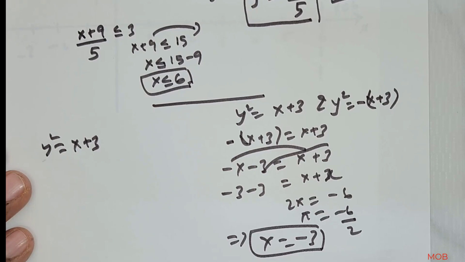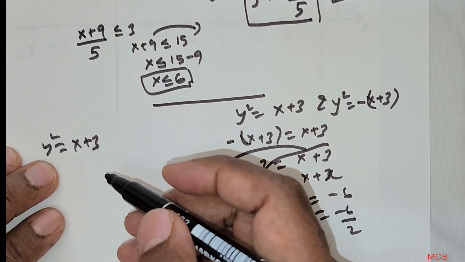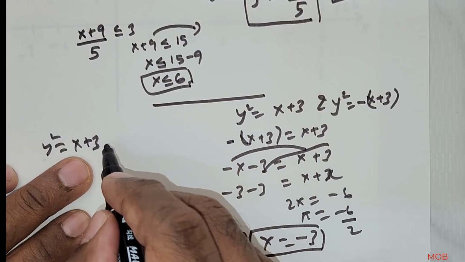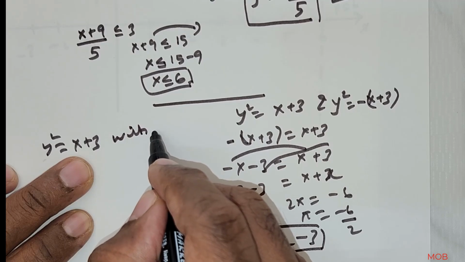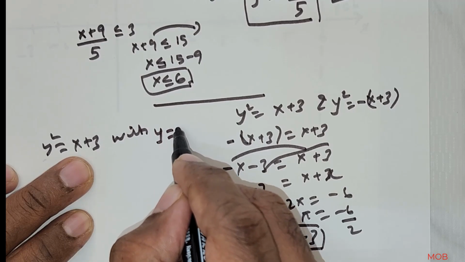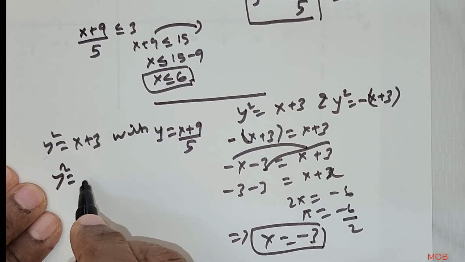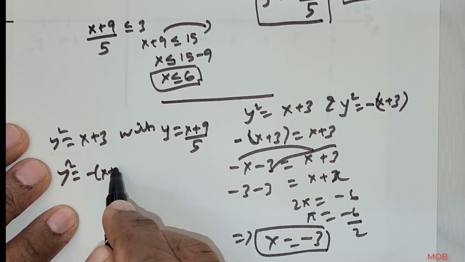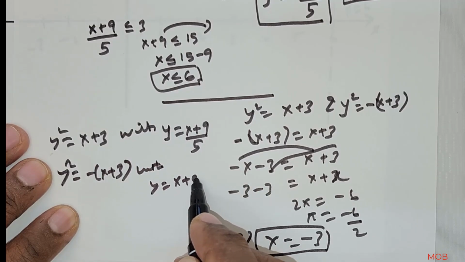So I need to find the intersection of y squared is equal to x + 3 with the line y = (x + 9)/5, and y squared is equal to negative of (x + 3) with y = (x + 9)/5.